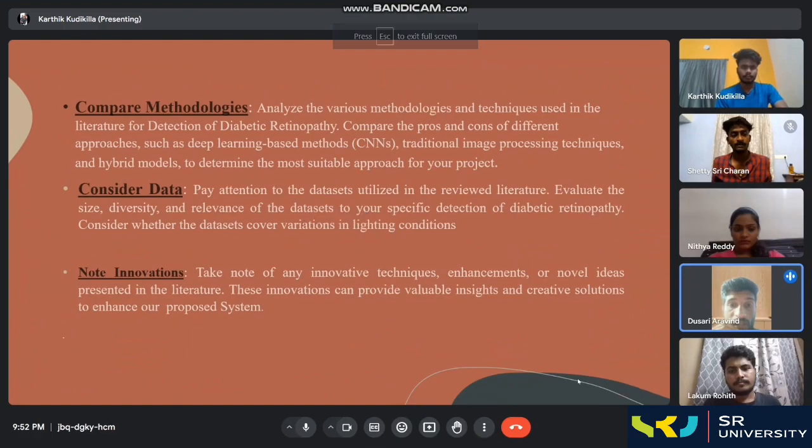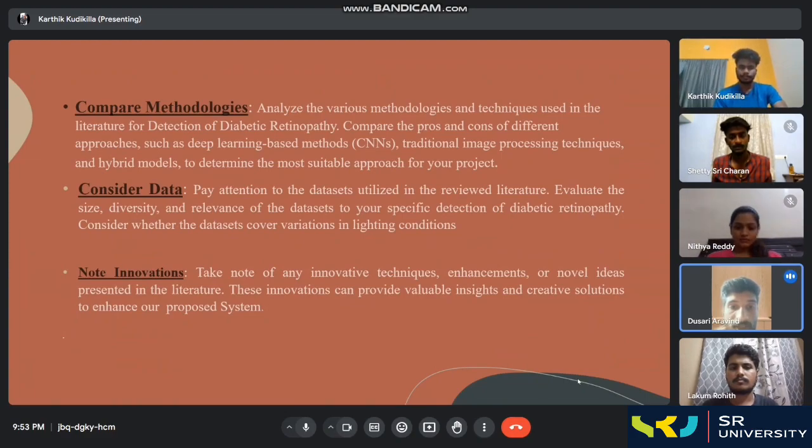Compare methodologies. Analyze the various methodologies and techniques used in the literature for detection of diabetic retinopathy. Compare the pros and cons of different approaches such as deep learning based methods, traditional image processing techniques, and hybrid models to determine the most suitable approach for your project. Consider data: pay attention to the datasets utilized in the reviewed literature.